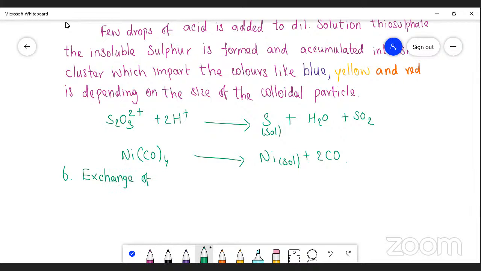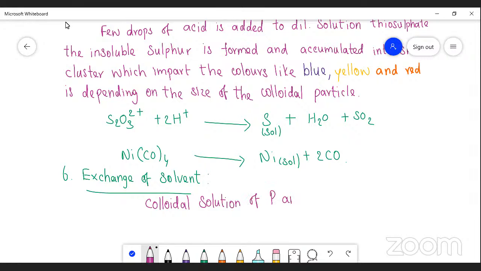In this method, we prepare colloidal solutions of phosphorus and sulfur.